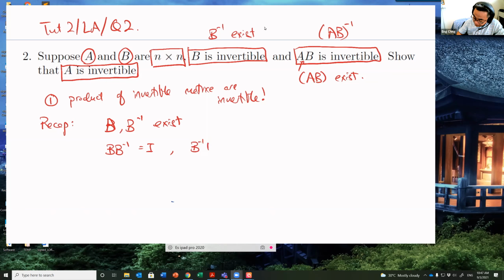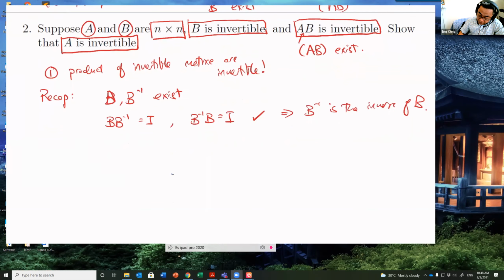B minus 1 times B must be equal to I. When these two conditions occur, it implies that B minus 1 is the inverse of B. Okay? So actually, here B minus 1 is a placeholder. We have no idea what B minus 1 is. Okay? All right.